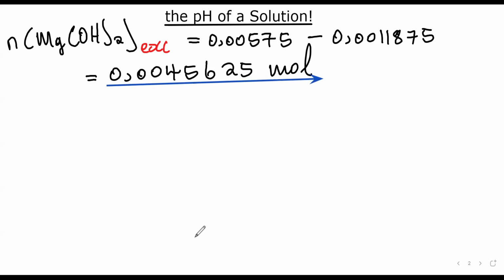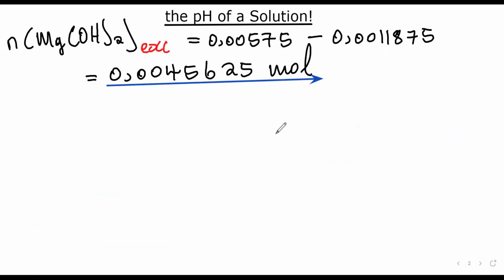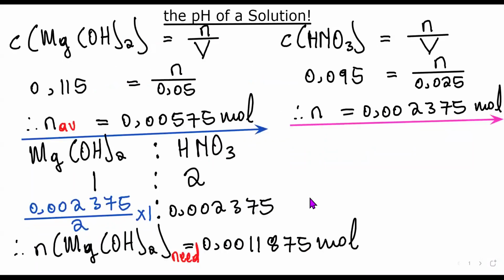So now that we know the excess number of moles of the base, I don't just want you to go ahead and find the concentration of the hydroxide ions. You really need to be careful. You know, science is not kind if you're not careful, and small things really matter. What do I mean by that? I want you to carefully consider this magnesium hydroxide, all right?